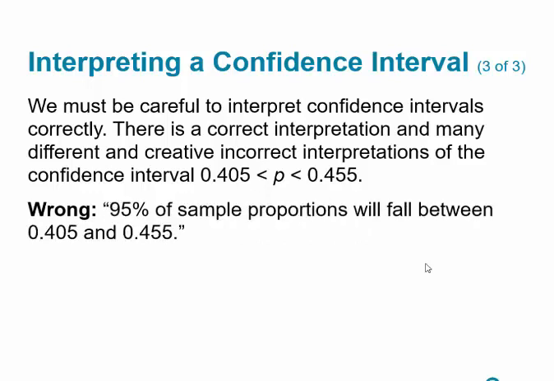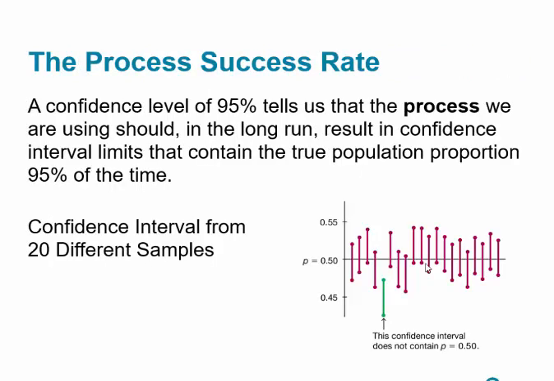Another incorrect way: 95% of sample proportions will fall between 0.405 and 0.455. The confidence level of 95% tells us that the process we're using should, in the long run, result in confidence interval limits that contain the true population proportion 95% of the time. And we showed this when we did all those samples: some samples can be high, some samples can be low.